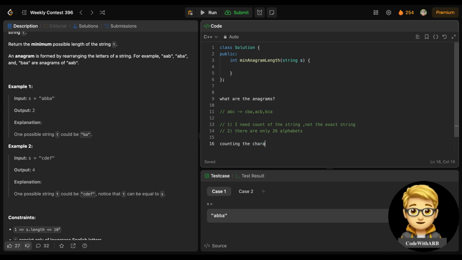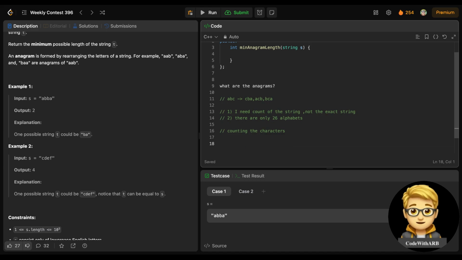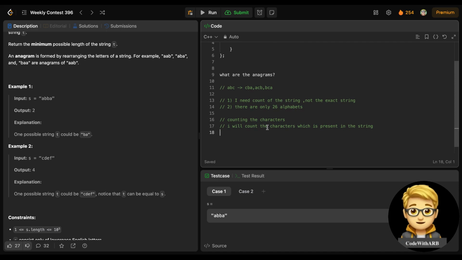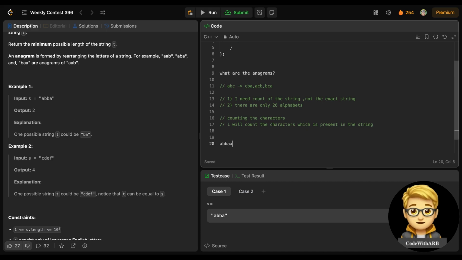I will count all the characters which are present in the string, and check what is the minimum number of characters which gives me the string concatenation. Suppose this is ABBA, right?